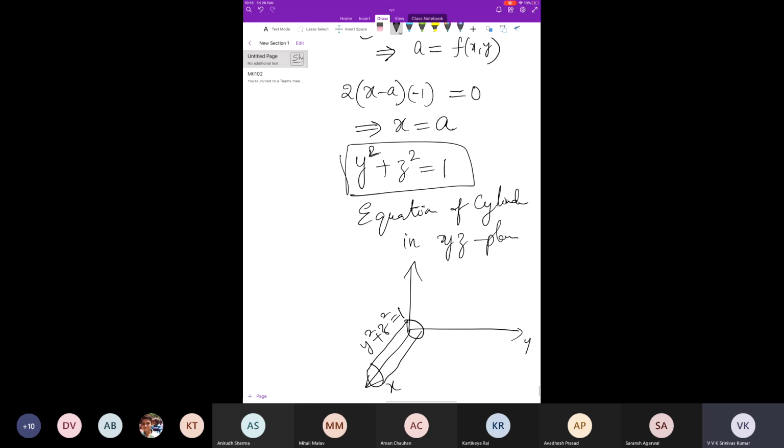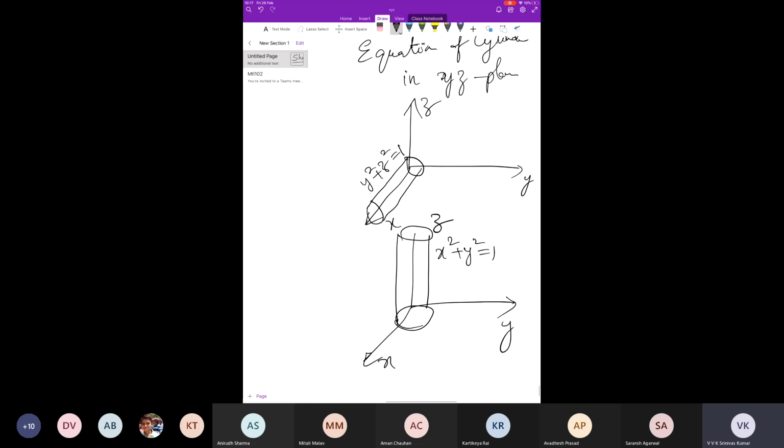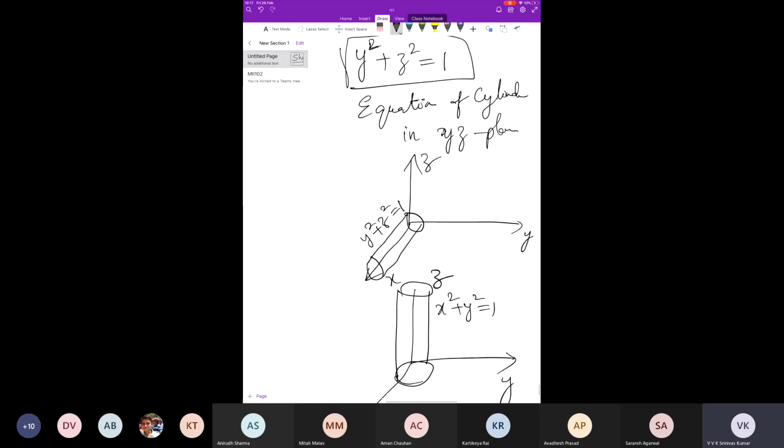This is x, this is y, and this is z. The cylinder is like this. Usually we know the cylinder in the xy coordinates, like x square plus y square is equal to 1. Here it is along the x direction. So this is the envelope for this family of surfaces S_a.